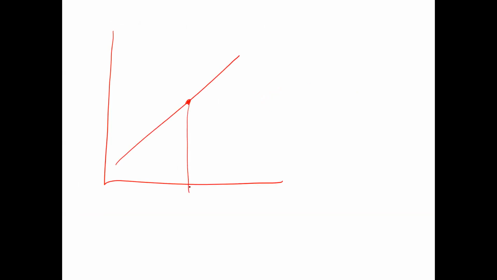Well, let me sketch it down for you here. This is the concentration of silver. If it is 1 molar, its reduction potential is about 0.8 volt. If we have, for example, 2 molar, the reduction potential increases.